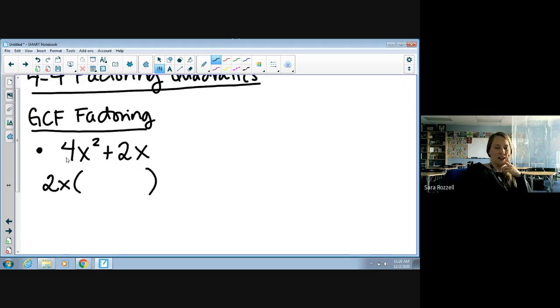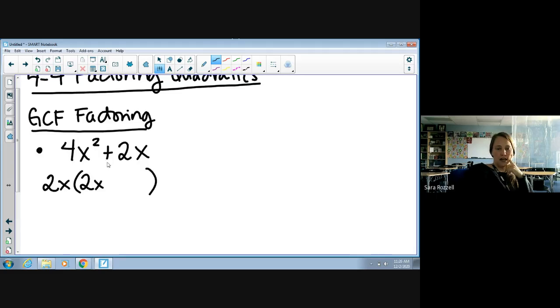So let's kind of think like that. So 2 times what gives me 4? 2, right? And x times what gives me x squared? X, right? So if I was going to distribute, would I get my first term? 2x times 2x makes 4x squared. Does everybody agree that that's true?